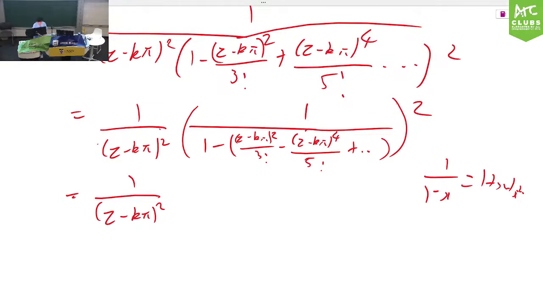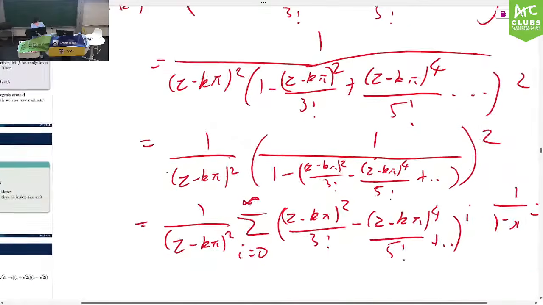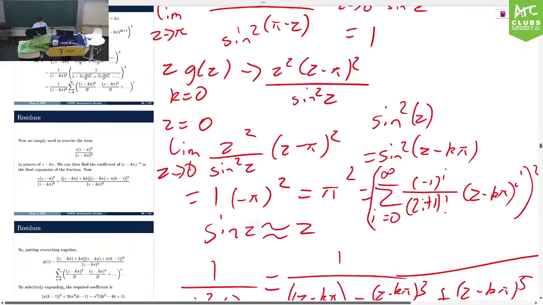So what we have is the sum from i equals 0 to infinity of that entire thing, z minus pi squared plus dot dot dot, that thing taken to the power of i, or surely I can say 2i.